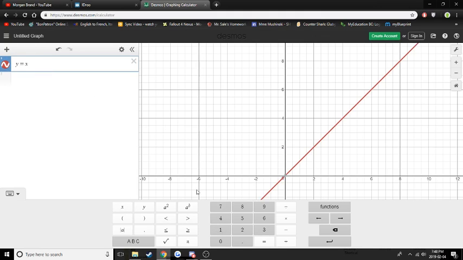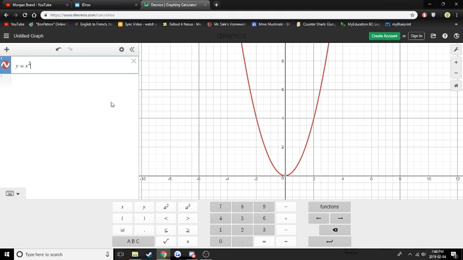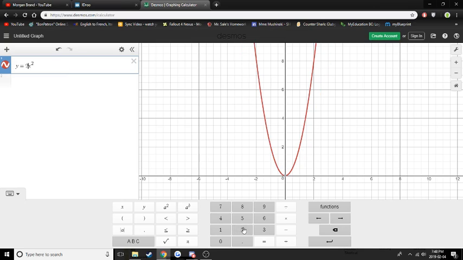All it does is change how narrow or wide the graph is. So let's try something like 2. It just got skinnier.